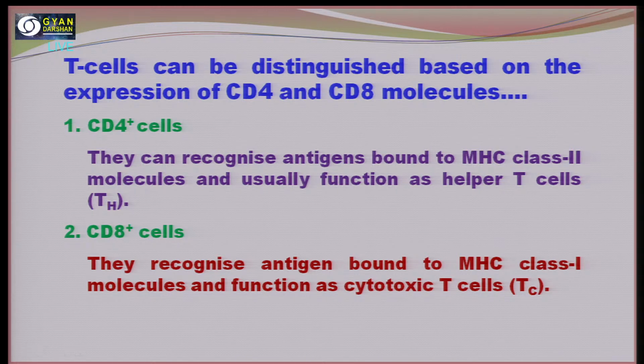And CD8 cells recognize antigen bound to MHC class I molecules and function as cytotoxic cells. So these are very important cells, CD4 cells and CD8 cells, and they recognize antigen bound to MHC class I and class II molecules.